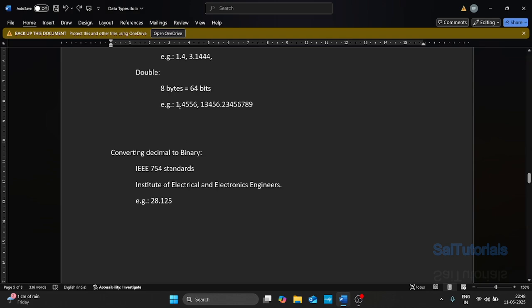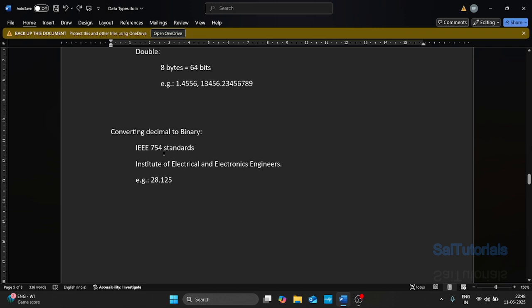But here we have a symbol, a dot, and we can't represent this dot in binary format, right? That's why we need to follow some steps. If I follow my own steps and someone else follows their own steps, at last everything will collapse and clashes will happen. That's why everyone needs some common standards.